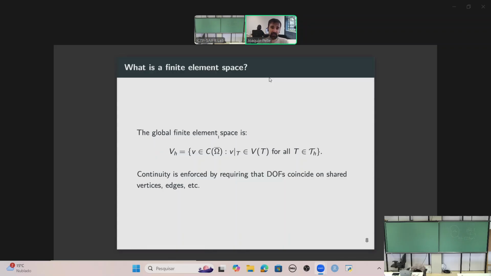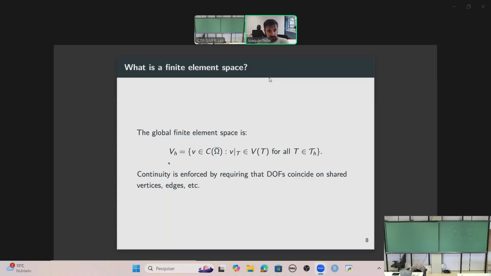So in general, then a finite element space is assembled from each finite dimensional polynomial space on each of the triangles, right? So essentially, we have these functions that are piecewise polynomials that on the triangles of the mesh, reduce to one of the polynomials of our finite element, let's say, shape functions.